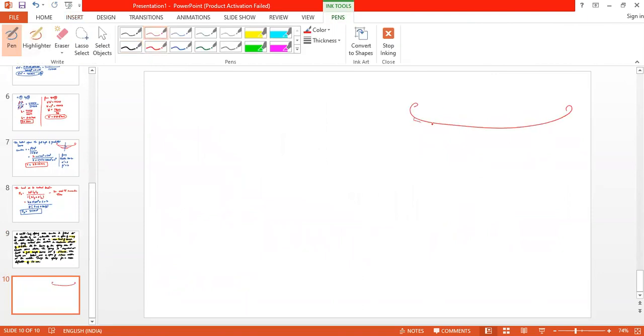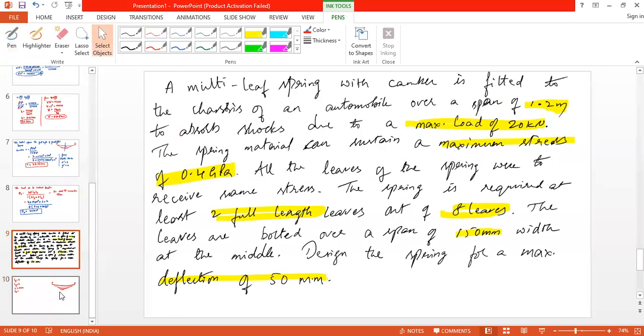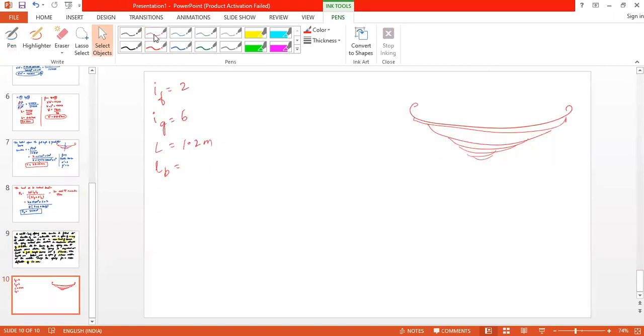We need to design a leaf spring with 2 master leaves and 6 graduated leaves. So NF is 2 and NG is 6. The total length is 1.2 meters, that is 1200 mm, and the length of the central band is 150 mm.